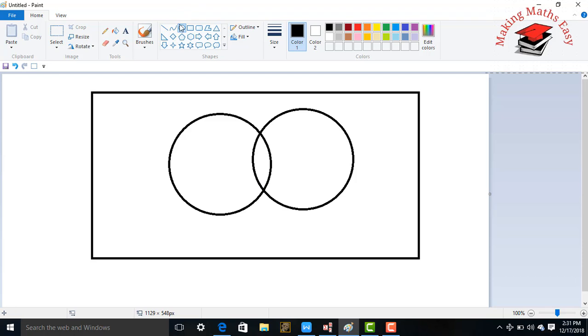I will mark it with lines in order to understand. So this is n of A intersection B. So what is A intersection B? A intersection B is some part of A intersecting some part of B, or some region of A has overlapped some region of B. Both the regions have been overlapped over here.